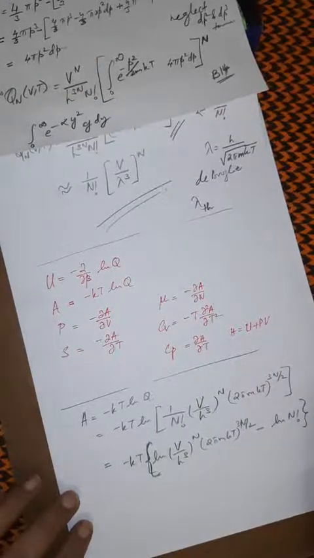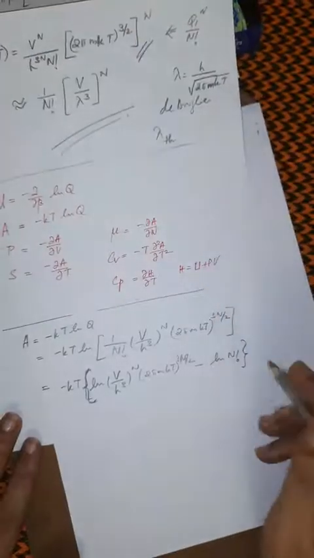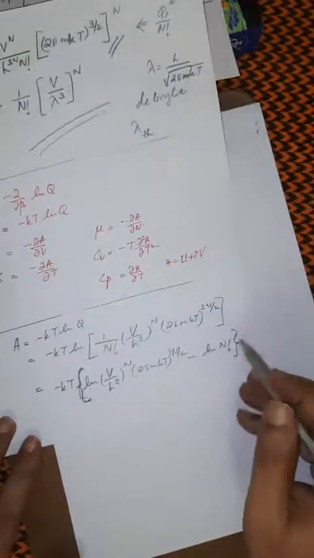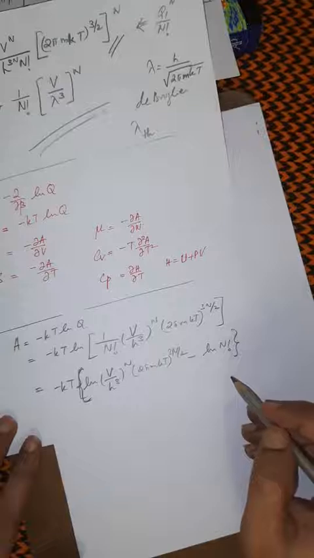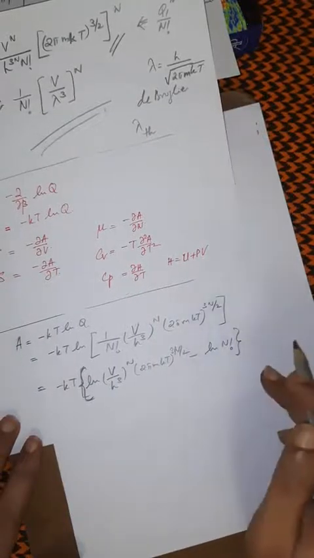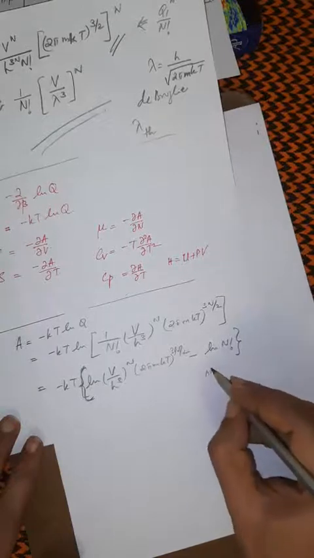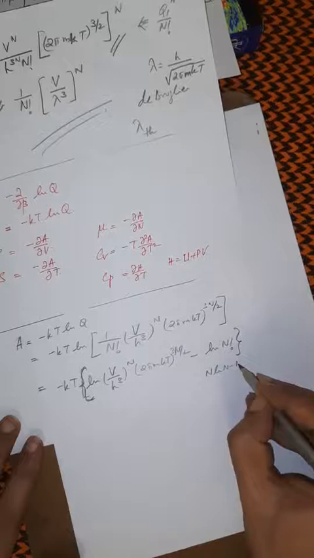So this is one way I can write, and now I can apply Stirling's formula for the ln of n factorial, and try to simplify that. So ln n factorial will become n ln n minus n.